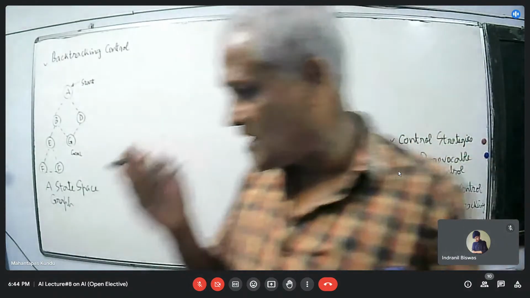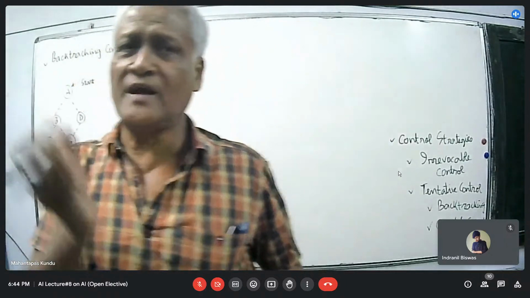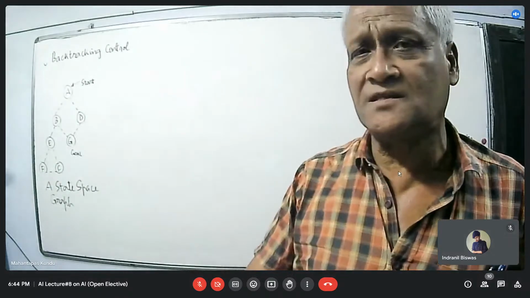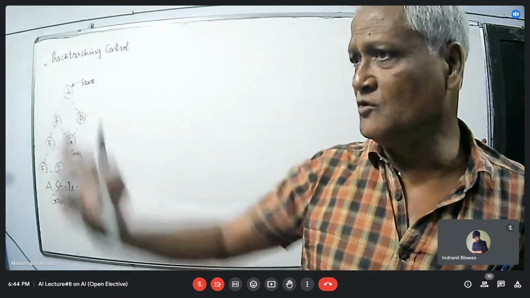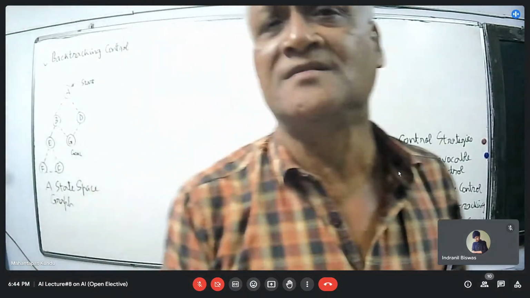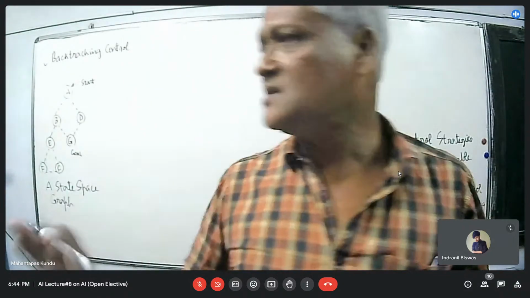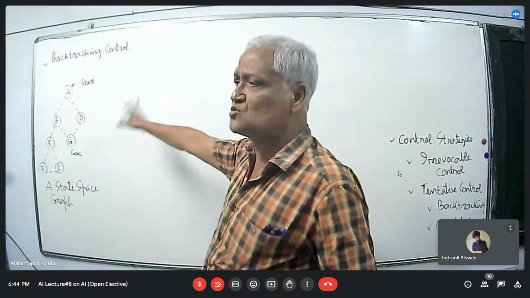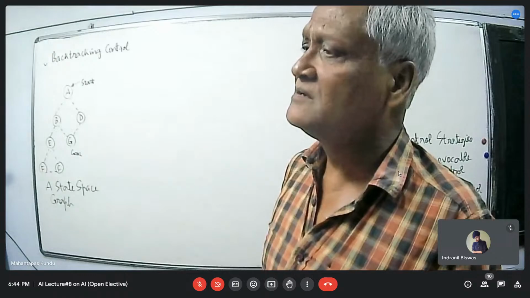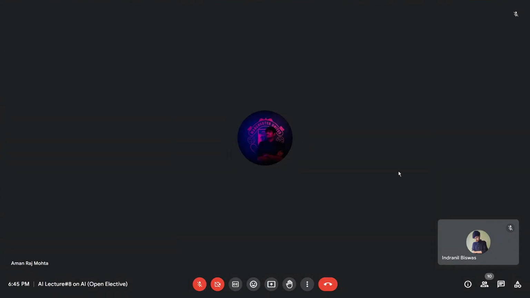And as soon as we apply one rule on the current state, we will be able to get the next state or the successor state. And then we will be able to establish a link between the current state and its successor. So initially, the graph is not stored explicitly. Can you follow my point? Yes, sir. Okay.